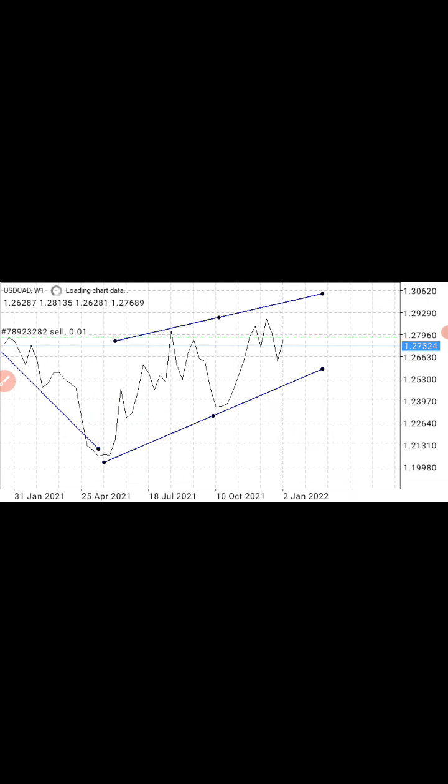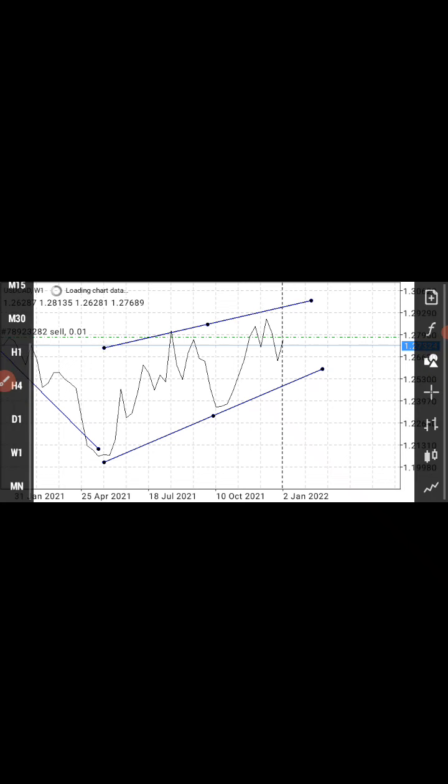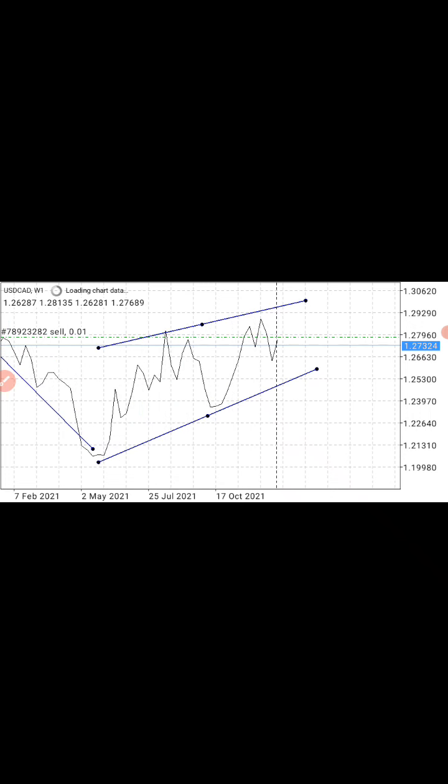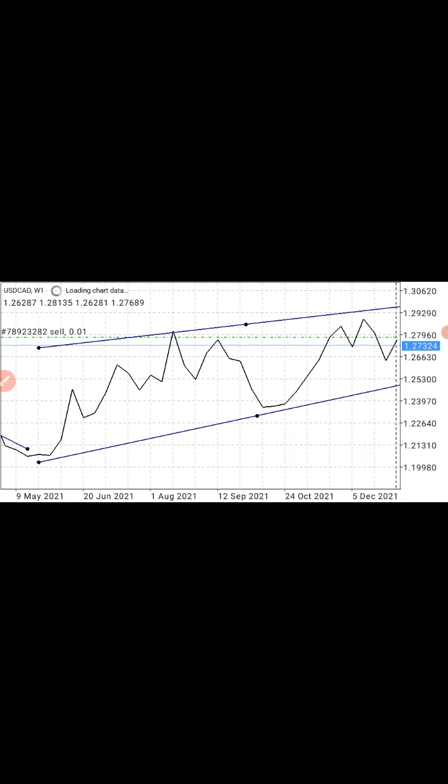The major reason I use line chart is that I quickly discover a lot of patterns compared to candlestick. You see in this candlestick we didn't really see anything, but when we go to the line chart we see a lot of stuff here.